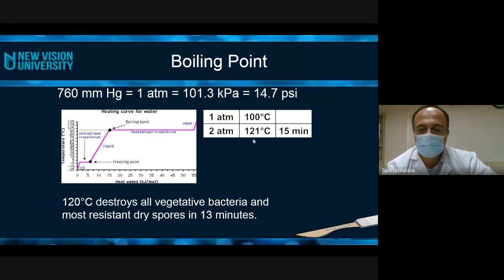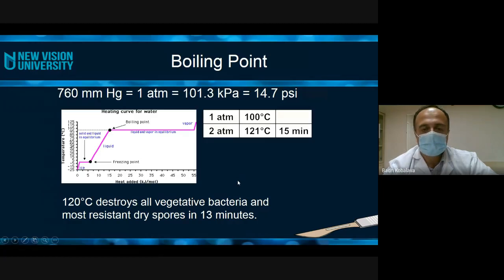That's why, to be sure, they increase the sterilization time. And also, besides this, they control if the steam temperature reached 121 degrees.